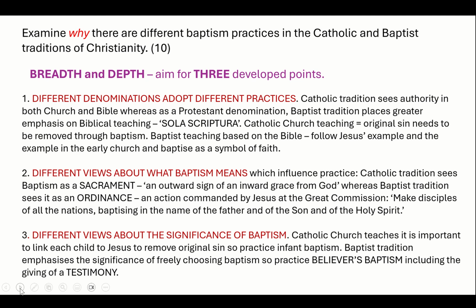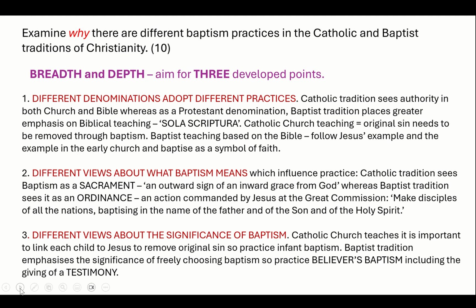So the key practice that I would like you to consider with a question like this is, before you start writing, aim to come up with 3 points that you can make. So aiming for 3 developed points should help you meet the breadth and depth criteria that we need for a level 5 response, so to score 9 or 10 out of 10.